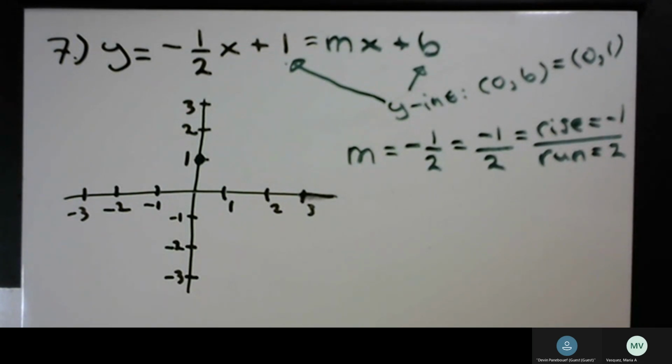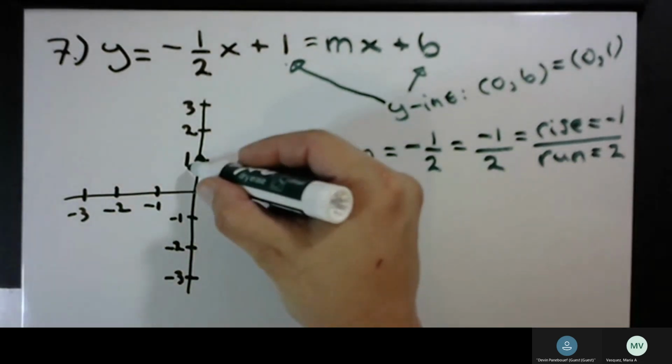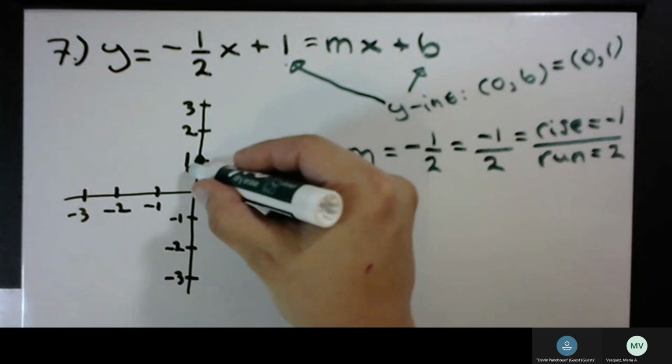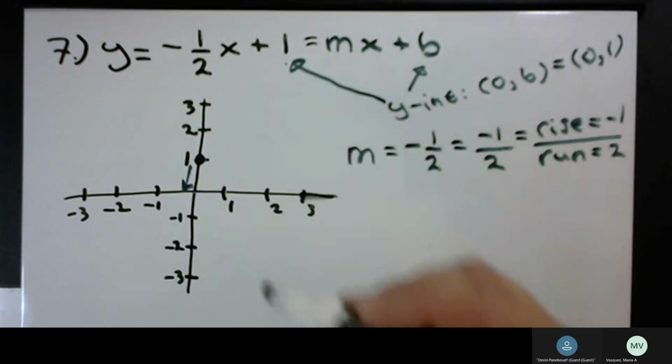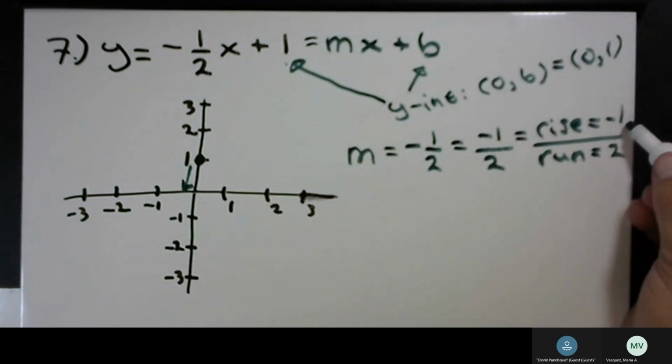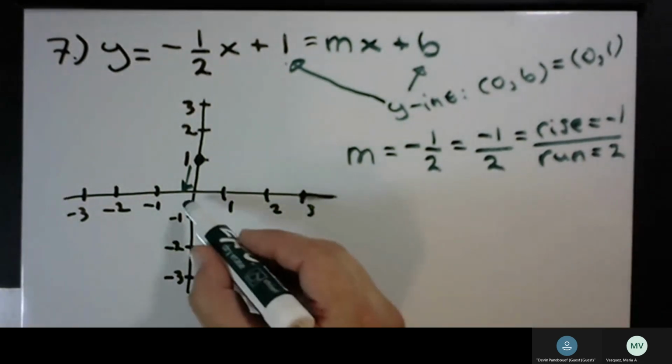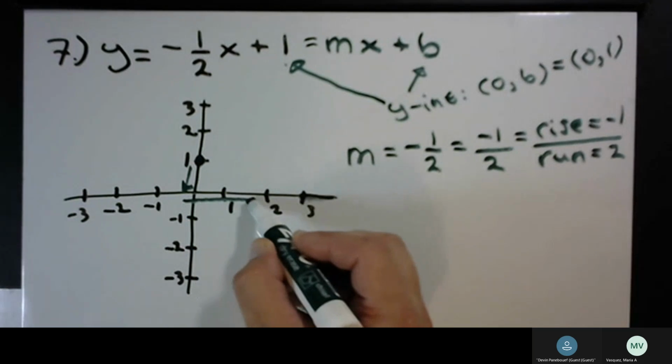So what this says, a rise of -1 means to get a second point, we'll start from our y-intercept, drop down 1, because a rise of -1 means a fall. And then we're going to do a run of 2. Now, run is always left to right.